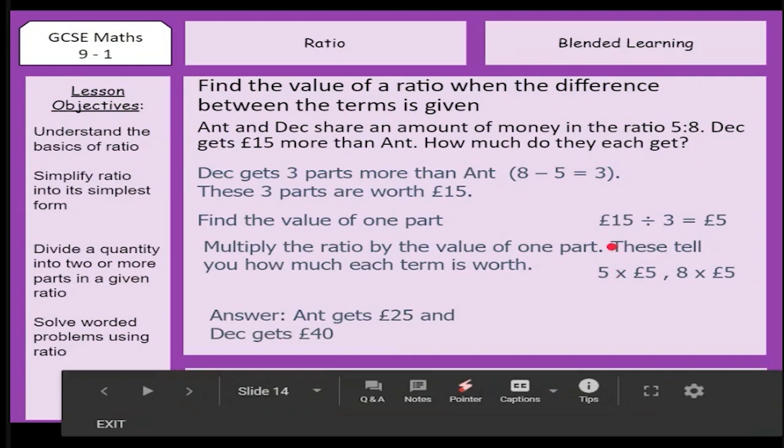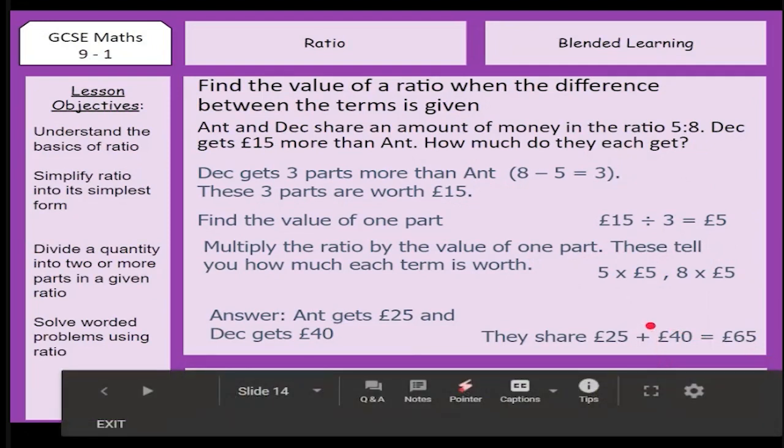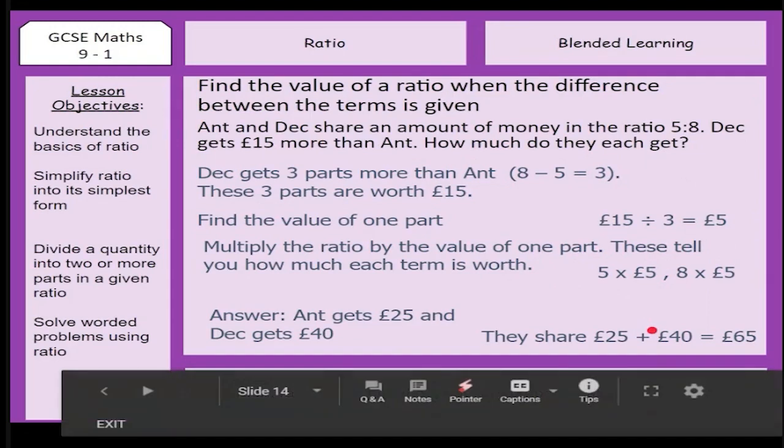So Ant gets £25, Dec gets £40. Okay, again, I can work out the total that they were shared, because if one gets £25, the other gets £40, add them together, that's £65.